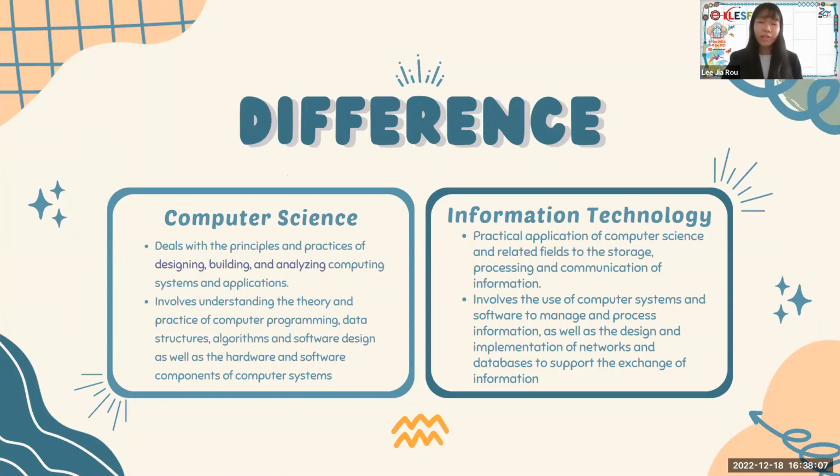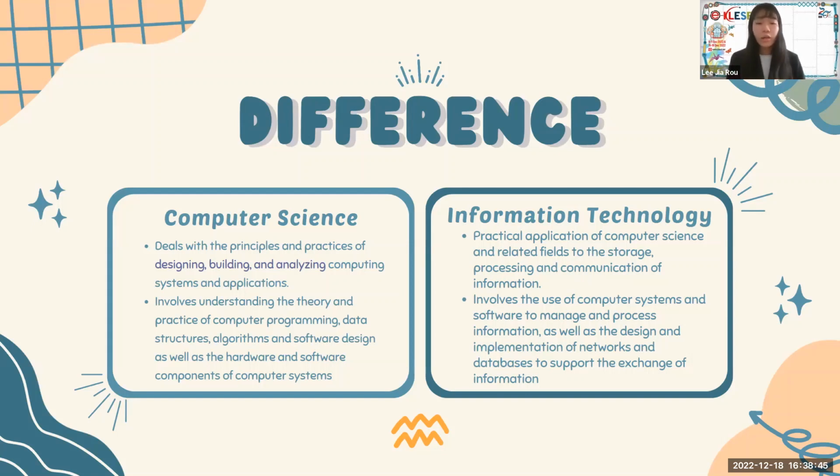So what is information technology, which we call IT? It is basically a practical application of computer science and related fields to the storage, processing, and communication of information. It also involves the use of computer systems and software to manage information processing, as well as the design and implementation of networks and databases to support the exchange of information.